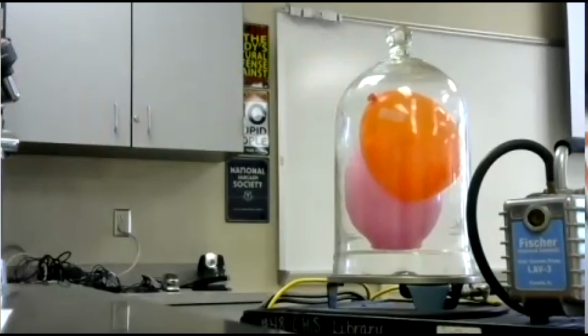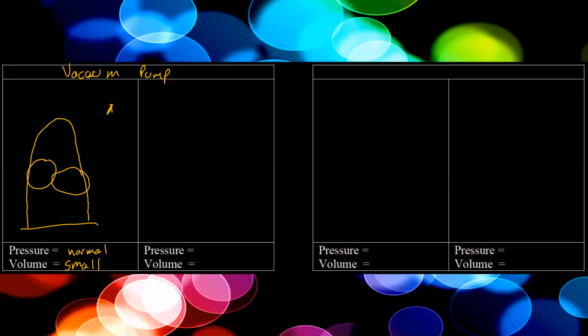Let's draw our little after. I'm going to share again. Okay, what is it like after? Now, what would a vacuum pump do to the pressure? Yeah, it lowers it. This kind of vacuum pump could not get it to no pressure at all. That'd be impossible for this kind of vacuum pump.